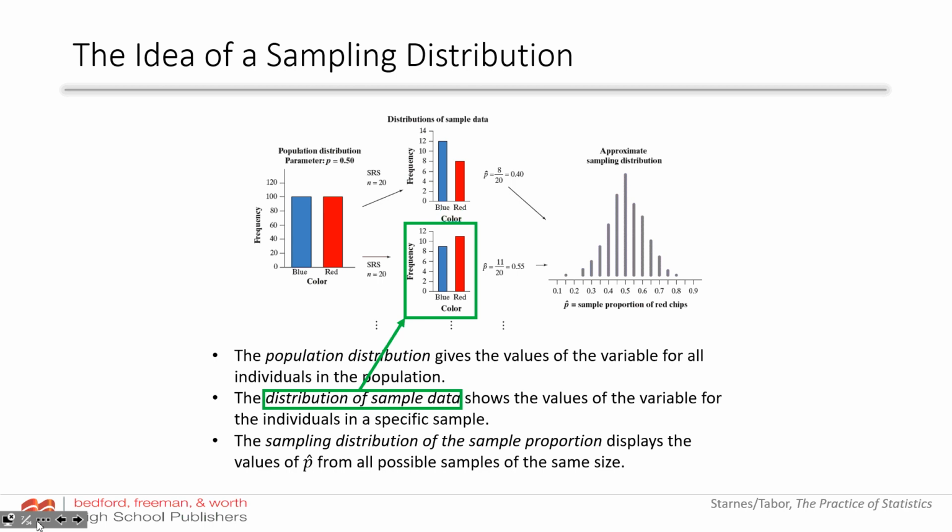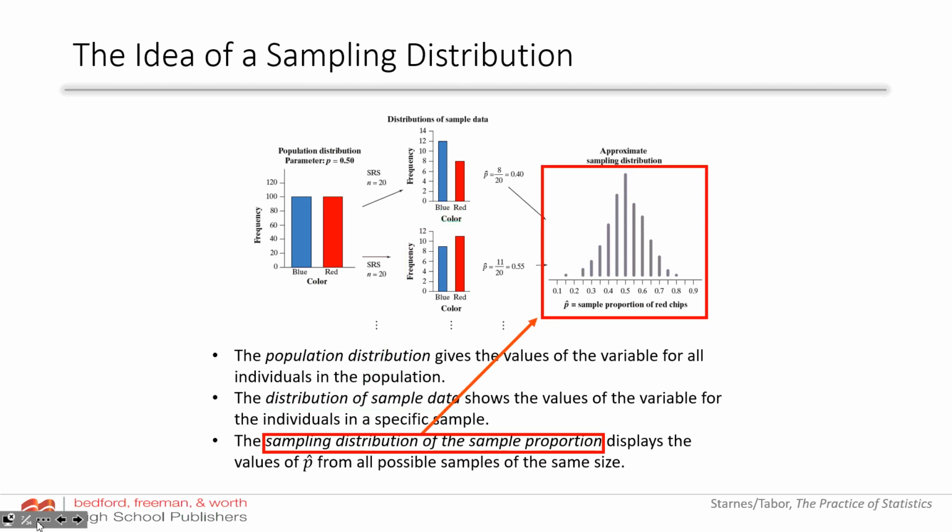These are the individual samples. What actually happened in a sample? And then finally here in the red, this is the sampling distribution of the sample proportion. Remember, think about that terminology. It's a distribution, so it's the values of p hat and how often those values occurred. So it's a distribution from a whole bunch of sample proportions. That's why we call it a sampling distribution.